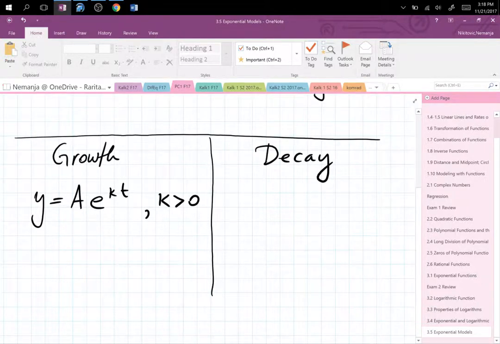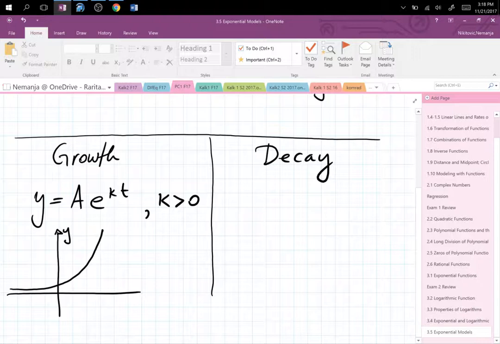And the graph for this would be our standard exponential graph that goes through this value a on the y-axis, so that's the y-intercept, and it grows in time. Maybe I should put not x but t, because it's time. You see, the exponent is t, it's not x.